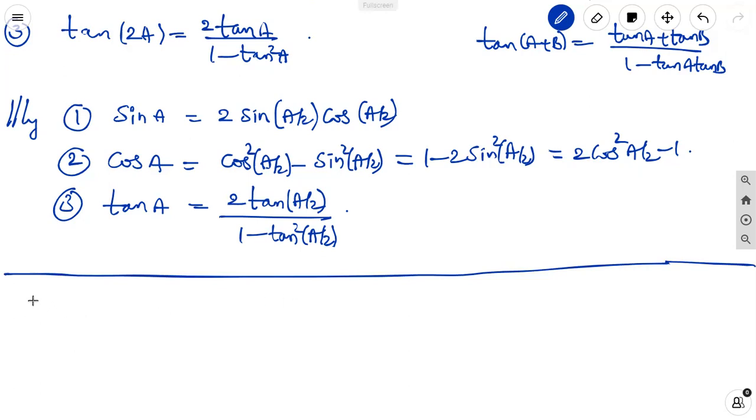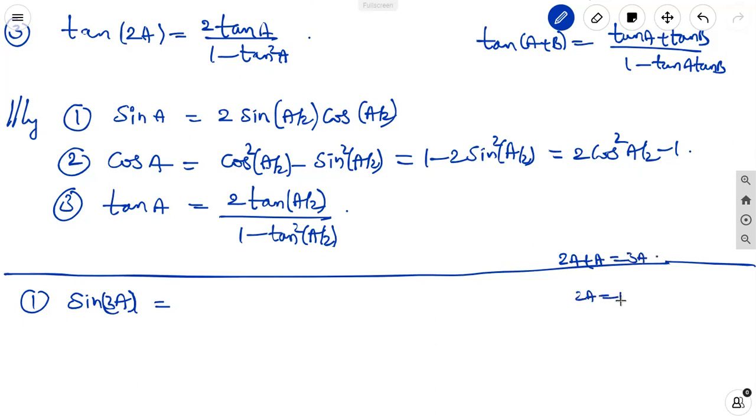Next, multiple of sine 3A. Here also we can take 2A plus A, which is equal to 3A.